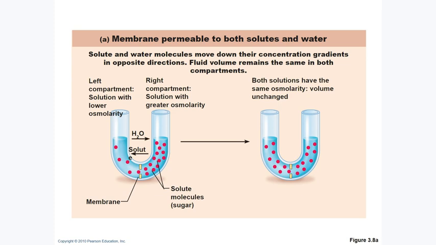So we have a solution with low osmolarity, or low solute content, with a solution of greater osmolarity. It's going to equal out. So both solutions will eventually have the same osmolarity, but the volume stays unchanged. Those solutes just move across the concentration gradient.